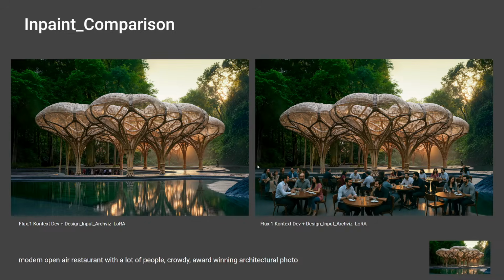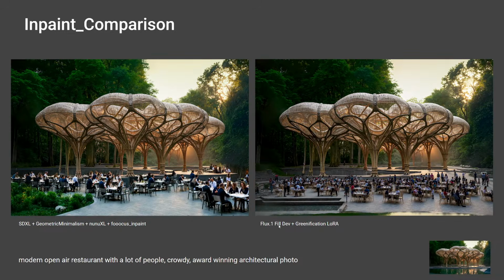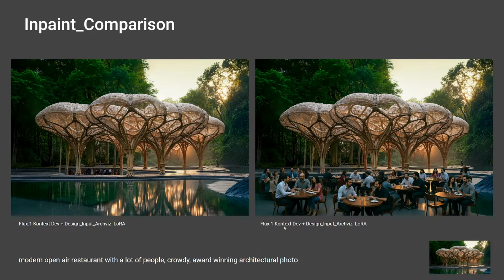Another approach with Flux, but here we use Flux Fill, and here we use Flux Context. For Flux Context it's also possible to mark the area and achieve a result, and I provide two different images here because Flux Context is not consistent.